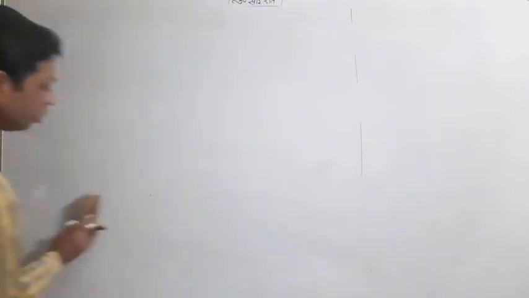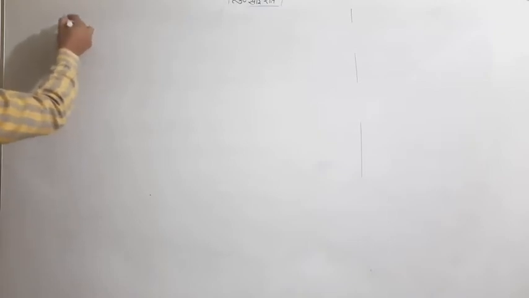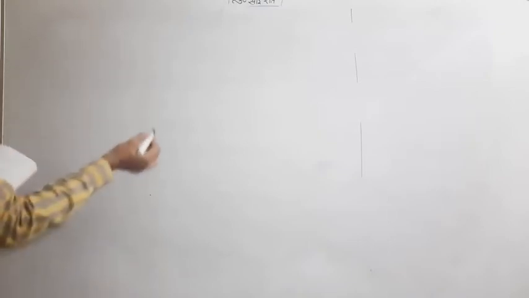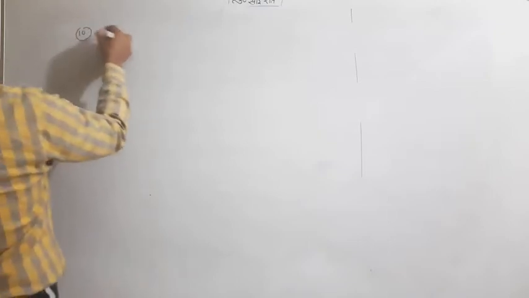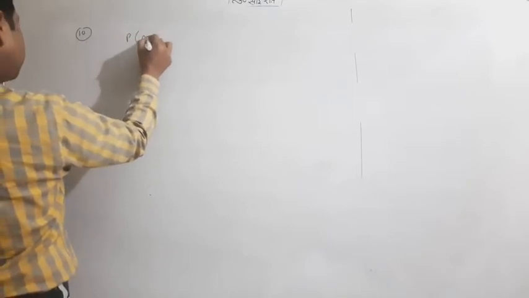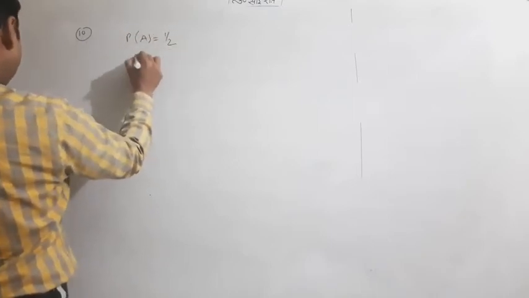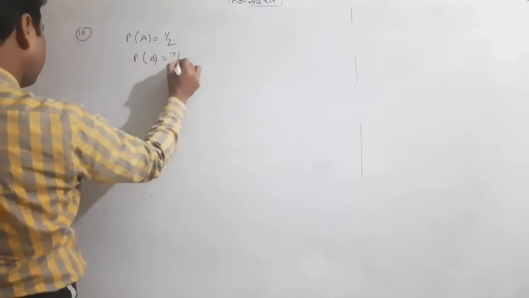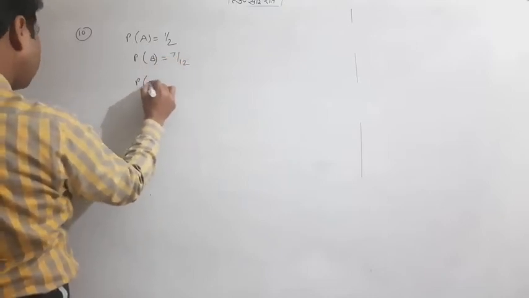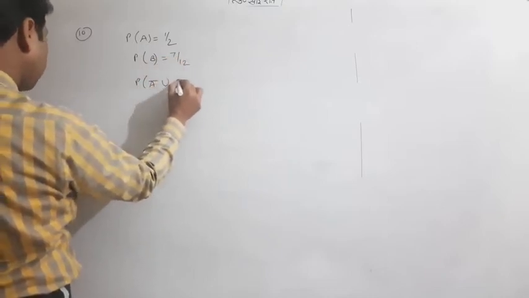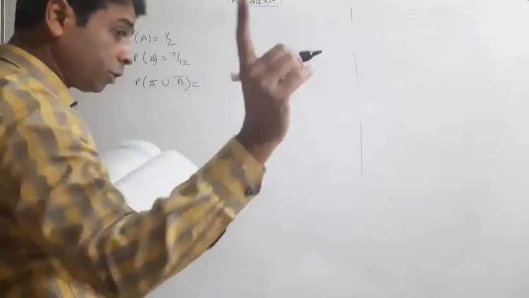Look at question number 10, I'm telling you. Question number 10 is the same kind of question. Question 10 says, if P of A is half, P of B is 7 by 12, P of not A or not B is 1 by 4. Try to understand the language.